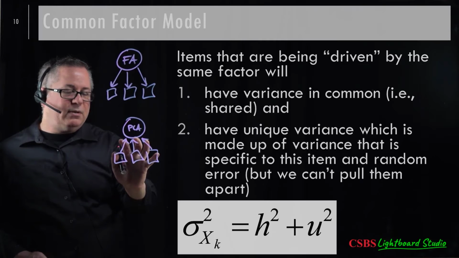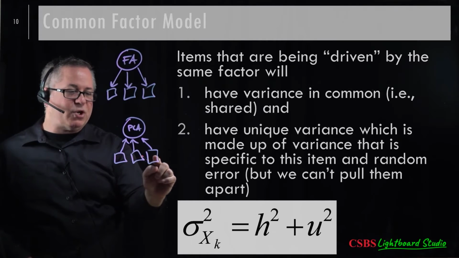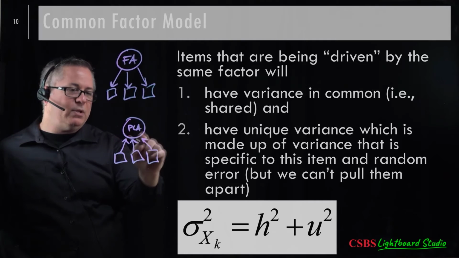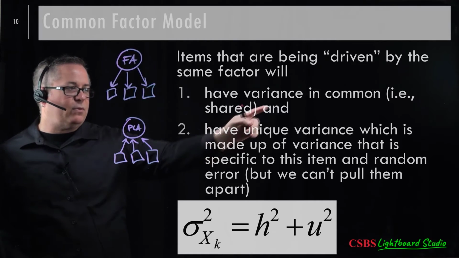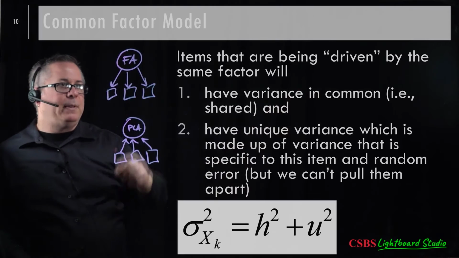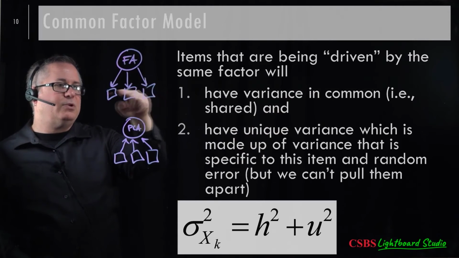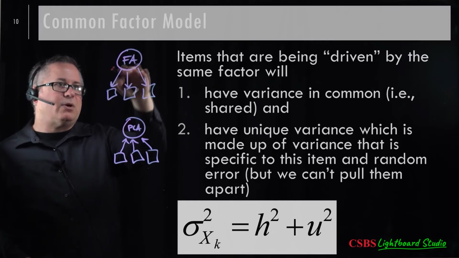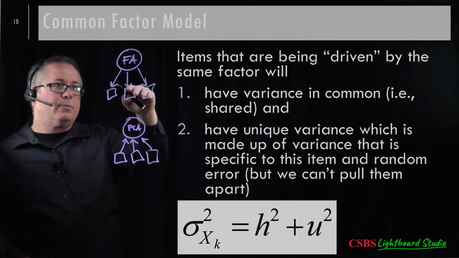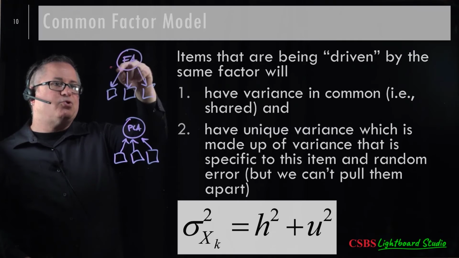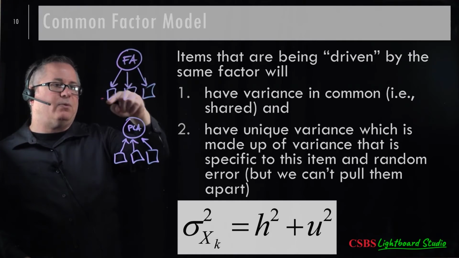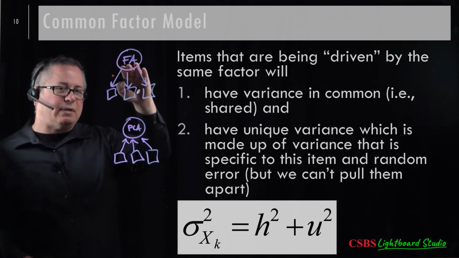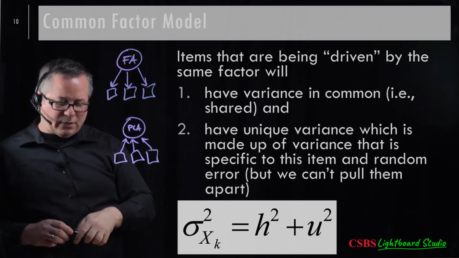With PCA, we start off with the assumption that these items share 100% of their variability, and we only find what is common by doing the principal components analysis and identifying that common variance at the end. Here we say, no, these items share variance that's far less than 100%. Let's start off with that as an assumption, theorize that this thing is driving responses, and try to find how these items share variance based on this assumption. Right? So that's a bit of a theoretical difference between how they work.